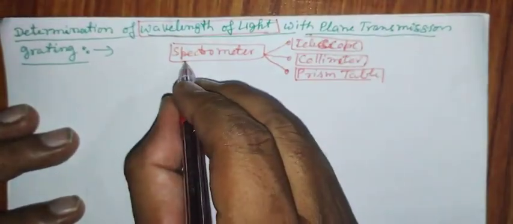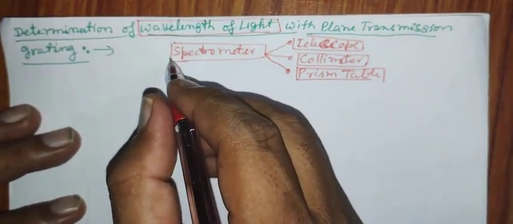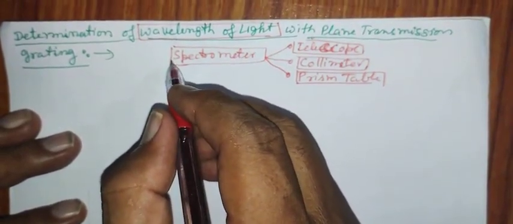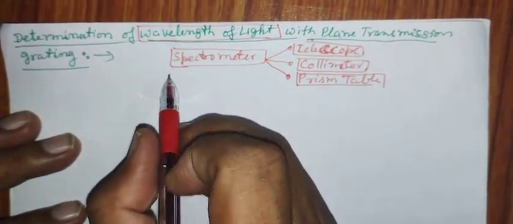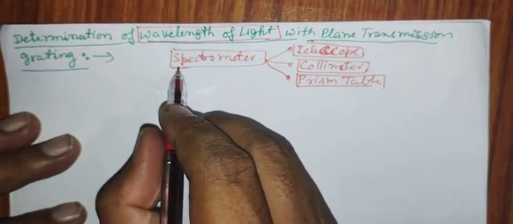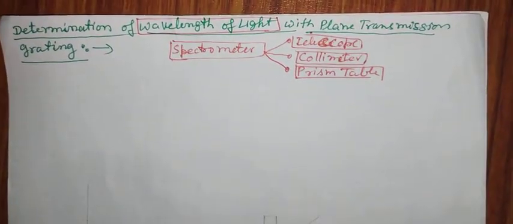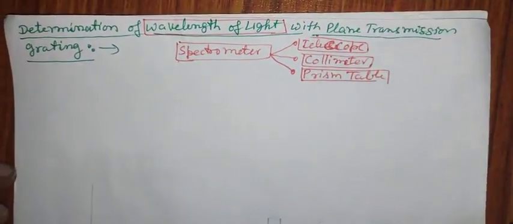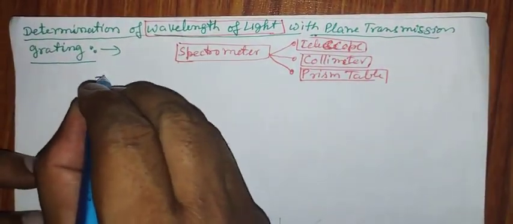The spectrometer is an instrument used to determine the spectrum pattern of white light. The color bands obtained, and their wavelengths, can be found by a formula. One thing is very important to understand this: the direction of principal maxima.